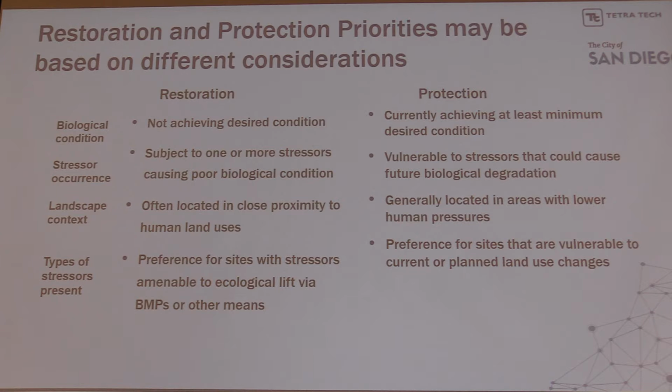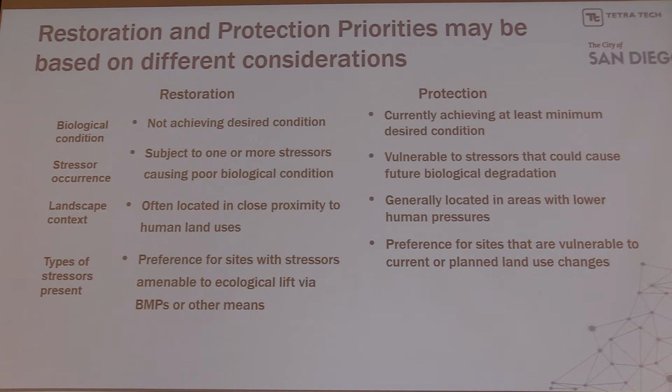So the purpose of this whole project is to develop a tool that will help them along. Restoration and protection priorities are going to be a little different in many cases, and that's what this table is about. There are factors like biological condition: what's the current biological condition of the site or segment? For restoration, typically it's impaired, which is why you want to restore it.